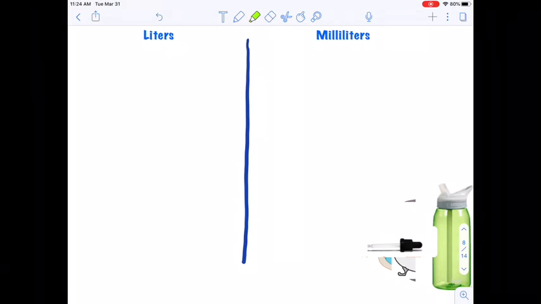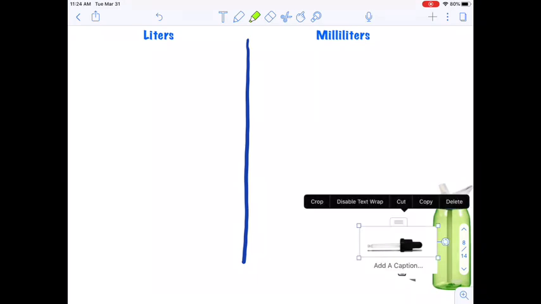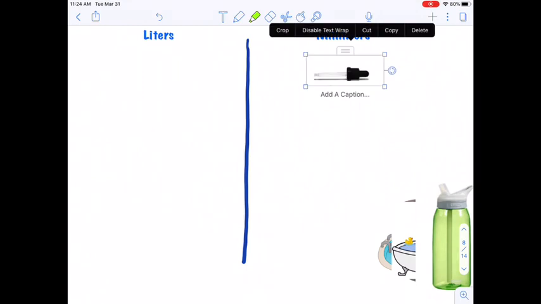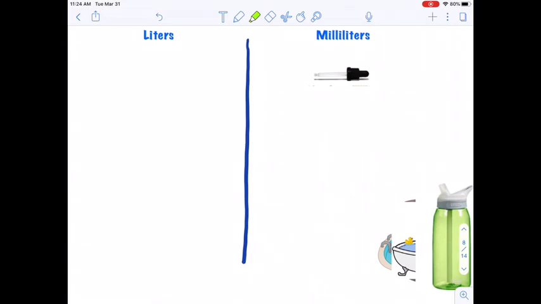So here I wanted to start with liters and milliliters, and I thought I would give you an idea of what 1 milliliter and 1 liter look like, so we have something we can compare to. So this eyedropper that you may have seen used in the science lab when you've done some science experiments at school, or you may have seen it used in a doctor's office, holds a few milliliters.